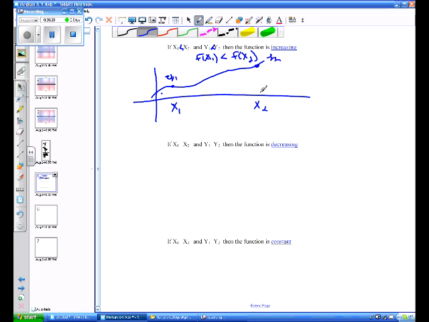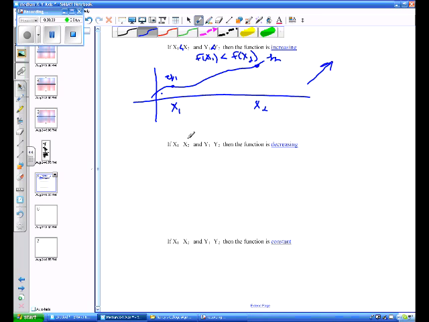Our y value here and our y value here. So when x sub 1 is less than x sub 2, the corresponding y values are also in that same order, then it means our function is increasing. Our function is getting larger.